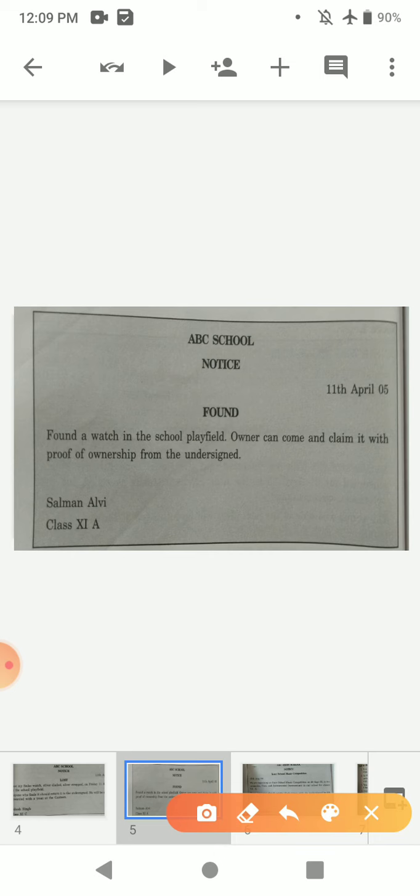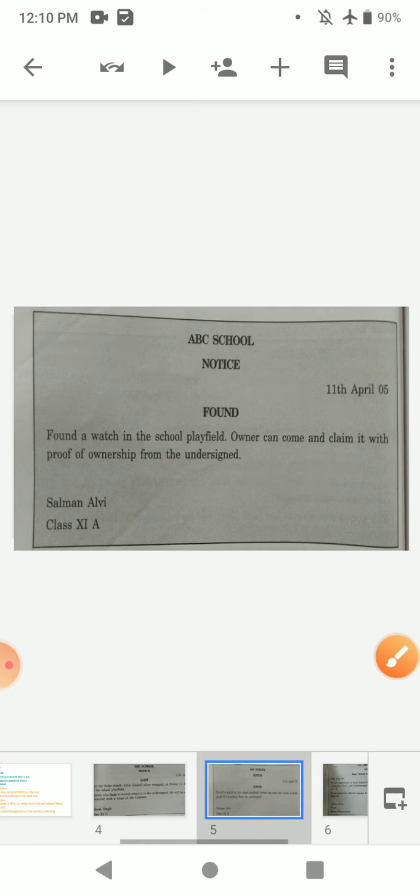So found a watch, so the notice is about a watch, and he has found a watch in the school field, where owner can come and claim it with a proof of ownership from the undersigned. So what to do, this is instruction, can claim it with the proof of ownership from the undersigned means whom to contact or get in touch with.